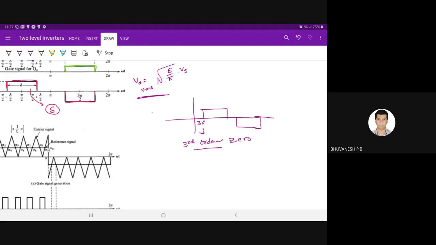You might have studied this in machines. When placing the windings in a machine, they are normally displaced by 30 degrees. This waveform is similar to the MMF waveform.